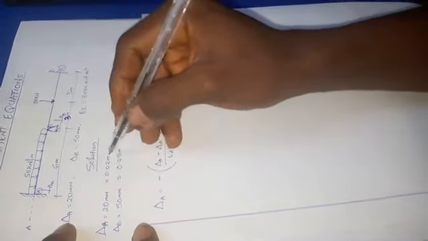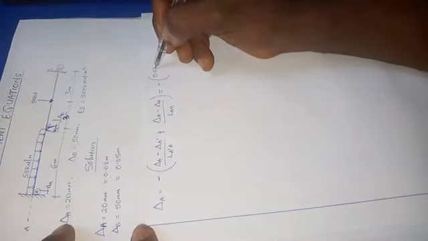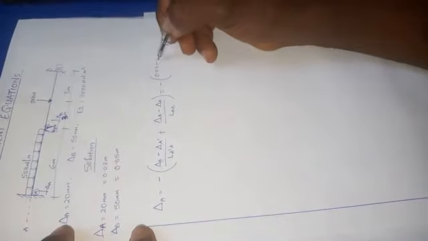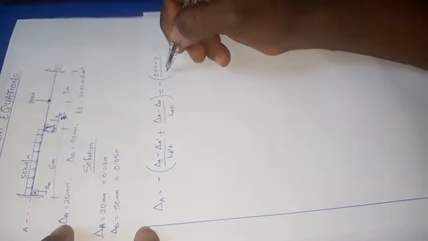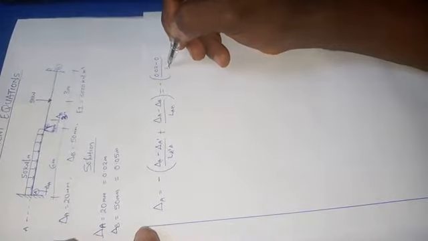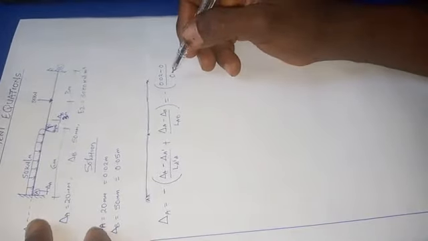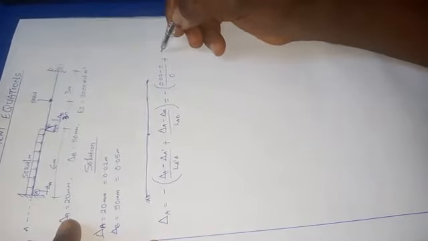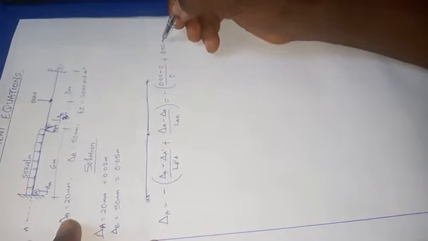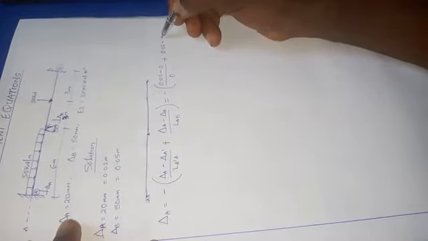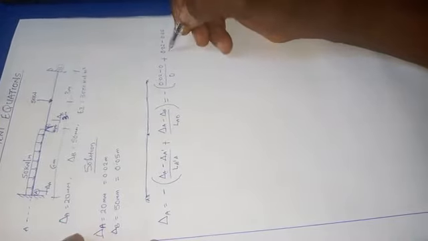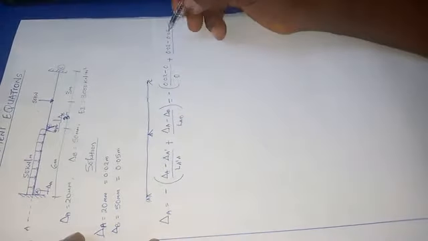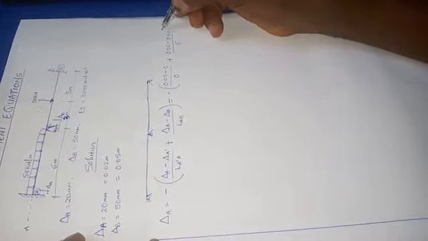So substituting inside this formula, we are going to have this as minus in bracket. My settlement at A was 0.02 minus, I don't have any settlement at A prime, so I'll have it as 0, divided by the length of A prime to A, which is still 0 because there is no length at A prime, so I have it as 0. Then plus the settlement at A 0.02 minus the settlement at B was 0.05, all divided by the length of A to B, which is 6.